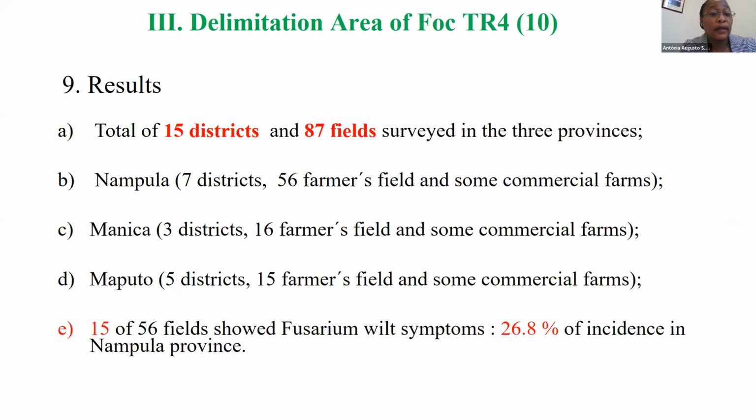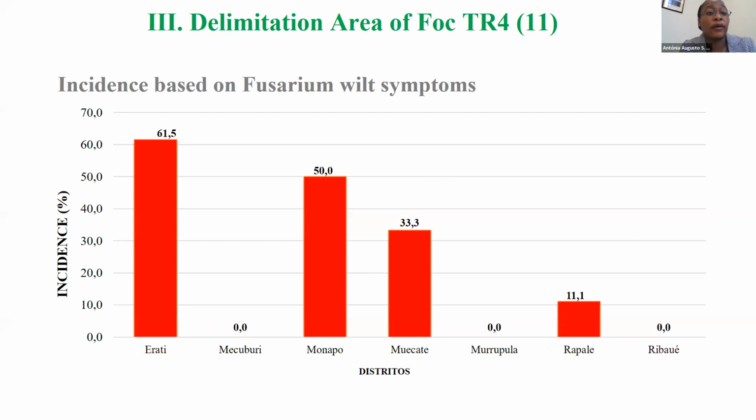Results of this survey: a total of 15 districts and 87 fields surveyed in the 3 provinces, Nampula, Manica, and Maputo. 15 of 56 fields showed Fusarium wilt symptoms, not exactly TR4, but Fusarium wilt symptoms. More than 26 incidents of these symptoms were in Nampula province.